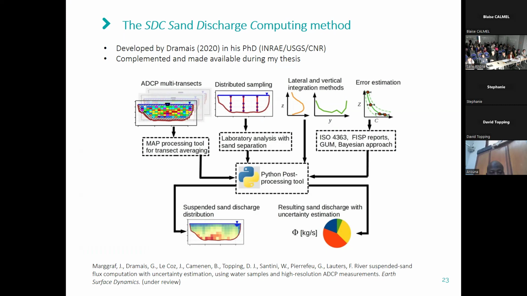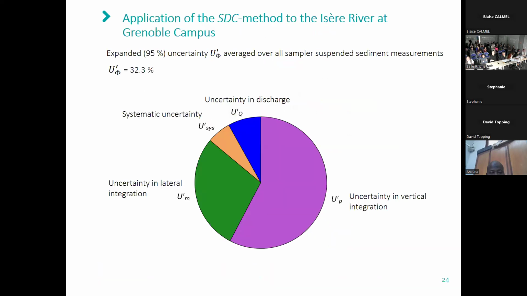In this estimation method, I take several sources of error into account, and I particularly focused on the uncertainty due to the vertical integration. I then applied this SDC method to my measurements at Grenoble Campus, and you can see here that I took into account the uncertainty in the vertical integration, as well as in the lateral integration, which are usually the most important uncertainties, as well as the uncertainty in discharge and the systematic uncertainty.